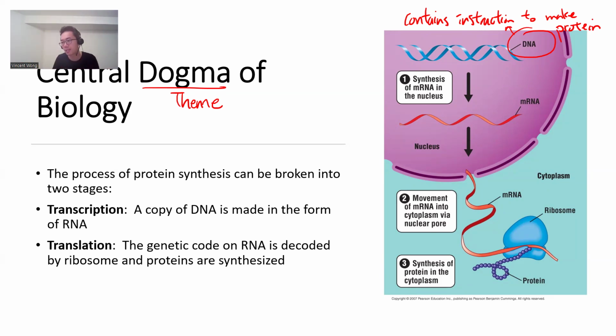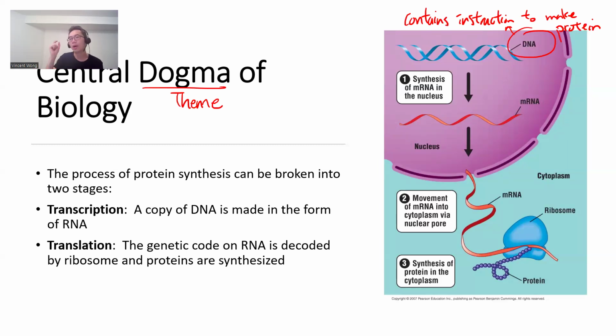You make a photocopy. Although nowadays people just take a picture, right? Are you gonna photocopy the whole book? Absolutely not. You're just gonna photocopy the recipe that you need.